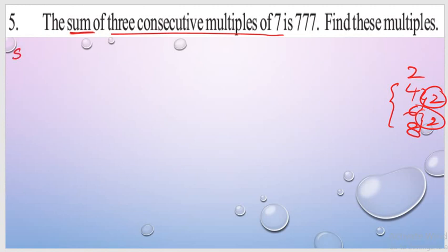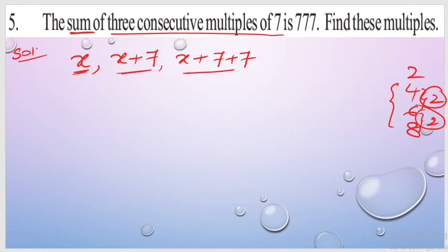That means if I consider one number as x, then automatically the next number will be x plus 7 and the next number will be x plus 7 plus 7. If I consider x as one of the numbers, then x plus 7 will be my next number, and if I add one more 7, I am going to get the next consecutive multiple of 7.